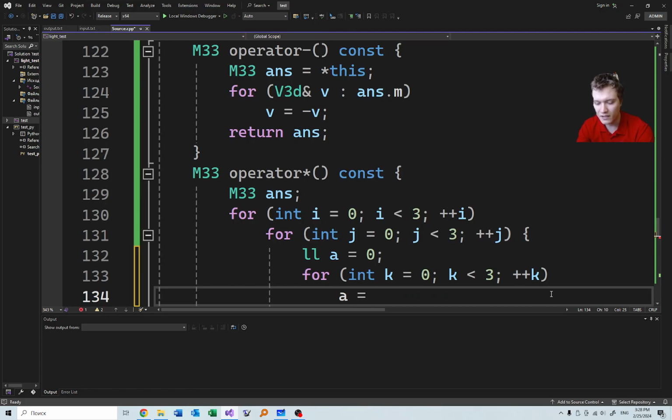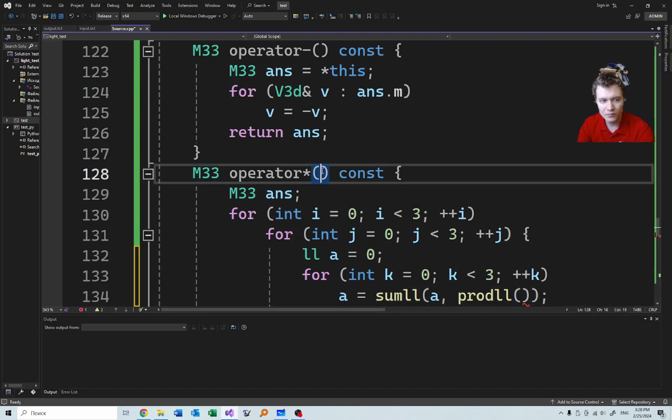So we say that A equals sum LL of A and we need to put here M33 other.